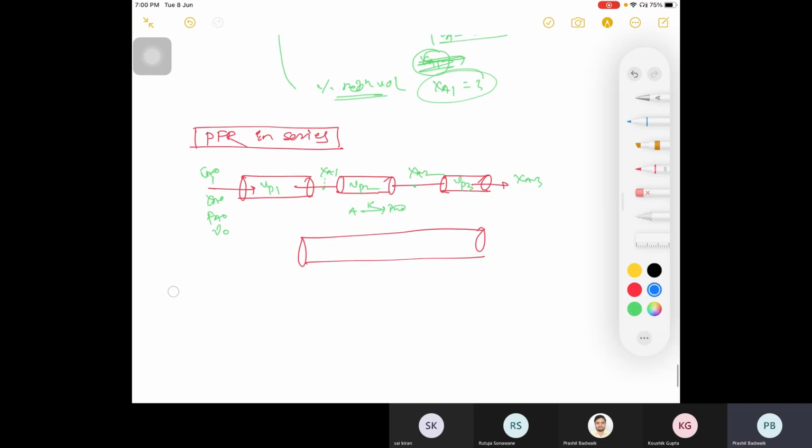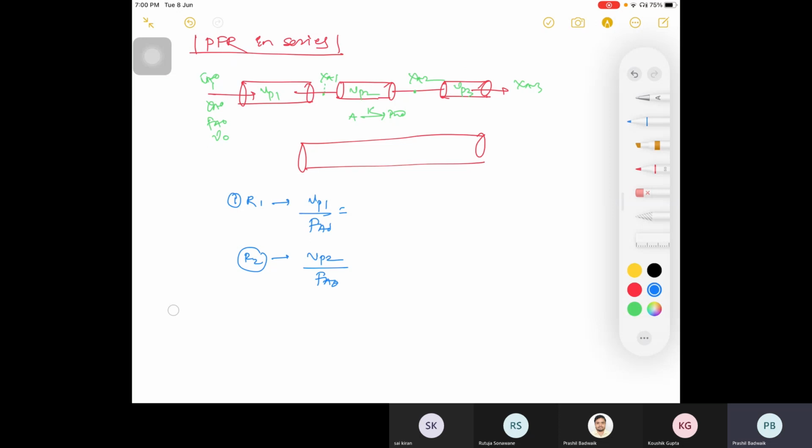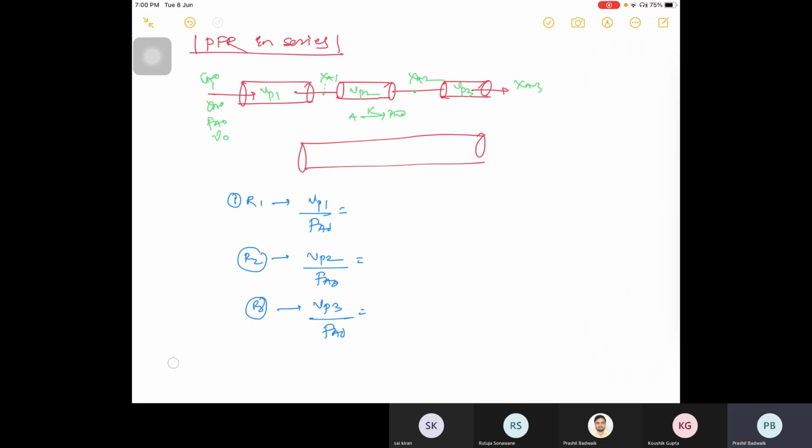So please write the equation for reactor 1, that is your design equation, Vp1 divided by Fa naught. What is your value? And for reactor 2, that is Vp2 divided by Fa naught. Third is your R3, Vp3 divided by Fa naught. What is your design equation? That is the integration of dXa divided by minus Ra from 0 to Xa1, right?